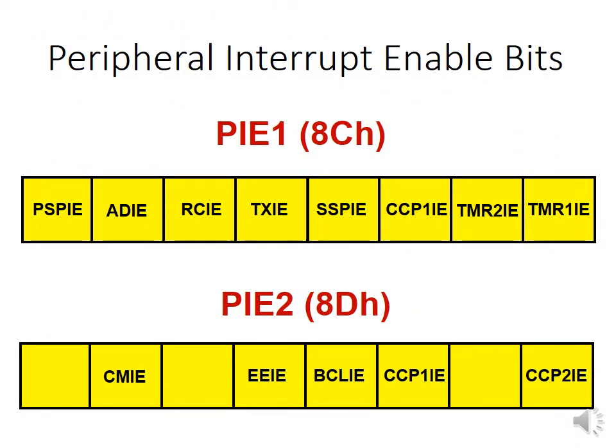PIE1 and PIE2 are SFRs that are a collection of interrupt enable bits for interrupts associated with the various peripherals that are found on the PIC16F877. We will discuss more about each interrupt when we get to discuss the respective peripherals.